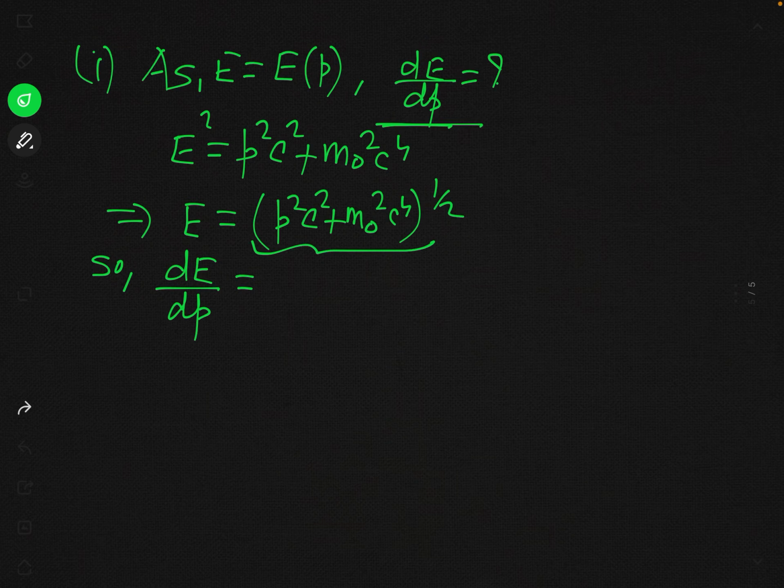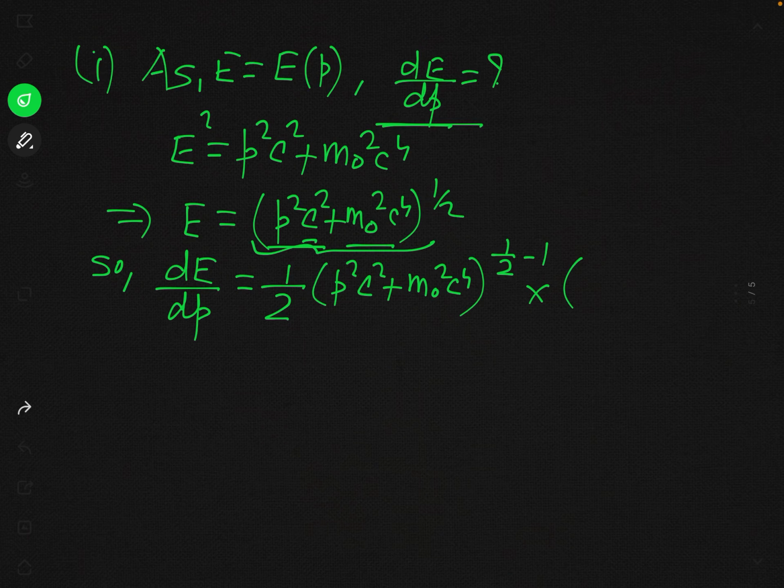You can see, when you find dE by dP, in the RHS, first of all, this term will be differentiated with respect to this bracketed term. And so what will be that? That will be simply 1 over 2 times P square C square plus m naught square C4 to the power 1 by 2 minus 1, by the rule n x to the power n minus 1, into.